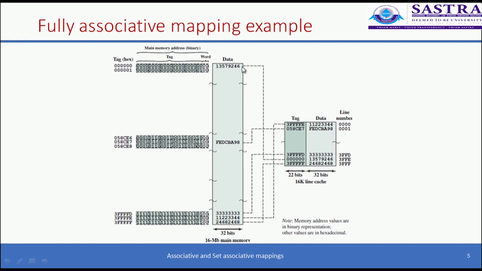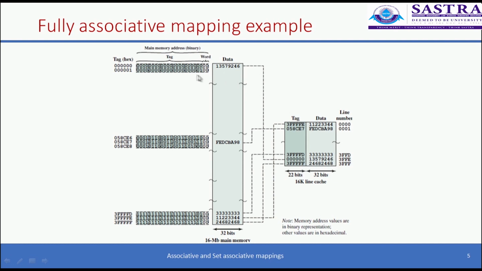This one is mapped on this line. What is a tag? 6 zeros are available here. What is a word? 13, 57, 92, 46, that one is available here.